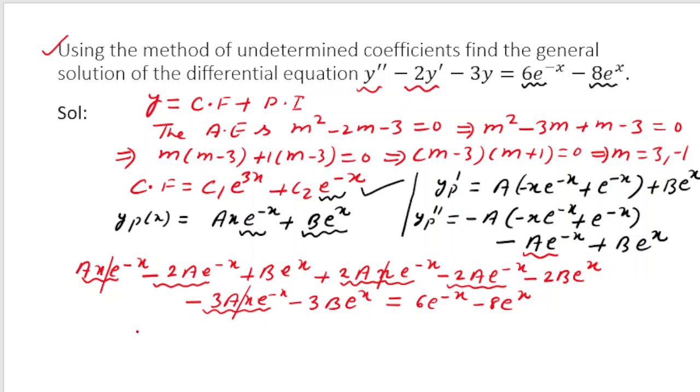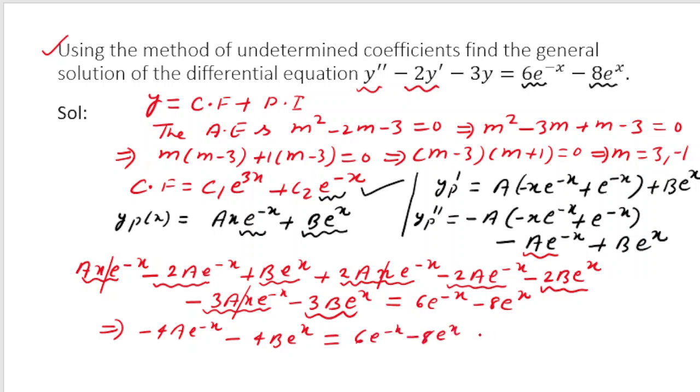So how much will I get? I will get minus 4a e to the power minus x, and b e to the power x, and minus 2b and minus 3b. So it is minus 5 and plus 1, so it will become minus 4b e to the power x.